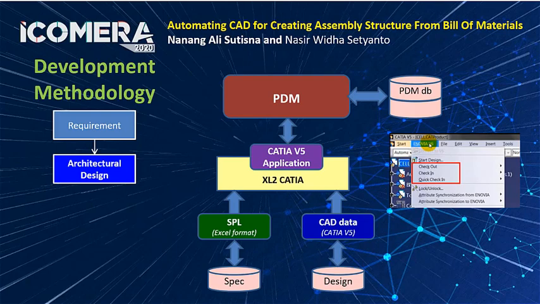Then we generate the architectural design, where we have specification inside the SPL file and design inside the CAD data. Those two data will be integrated into CATIA P5 using XL to CATIA codes. Then this assembly data in CATIA will be checked into the PDM.